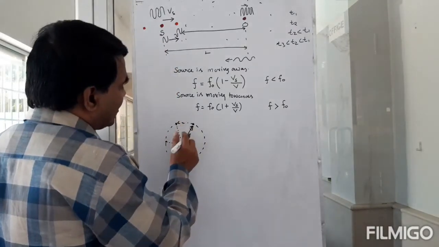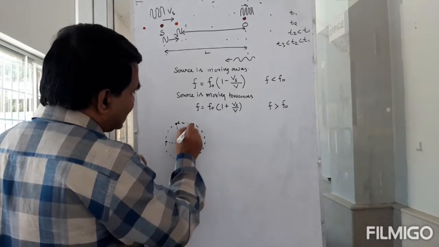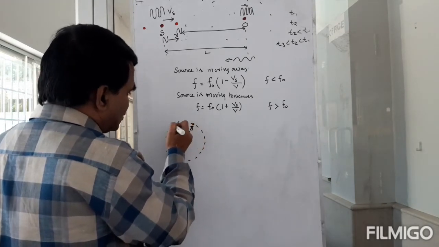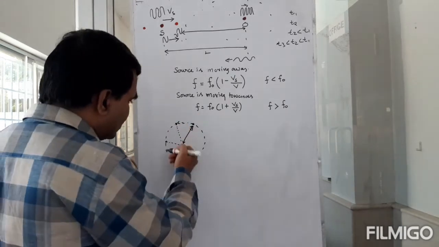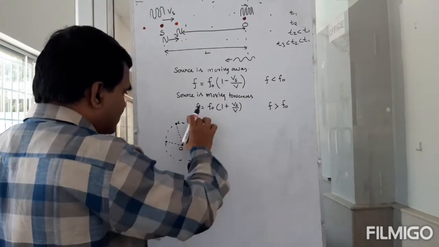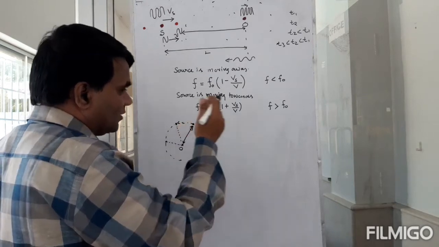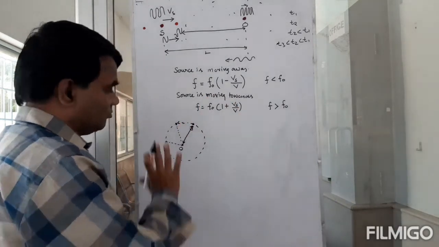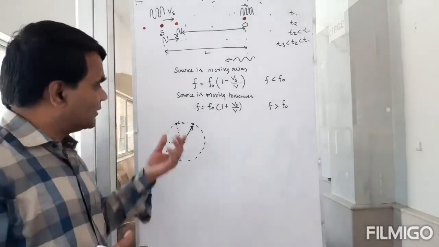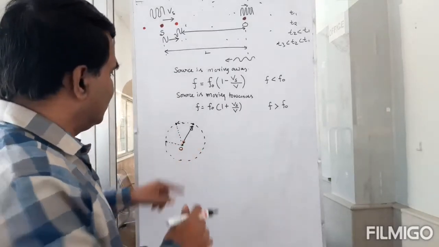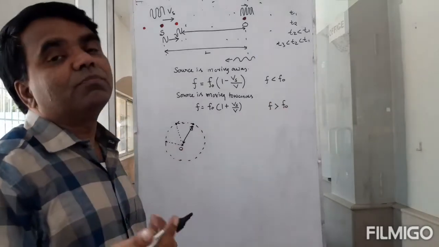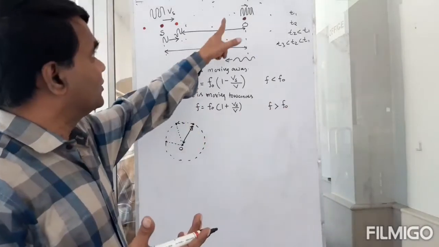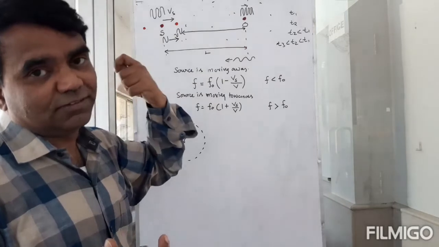So when will I have the Doppler effect? When this distance changes. If it is going in a circle, it doesn't matter. Even though it is in motion, it maintains a constant distance between itself and me, so the frequency will not change. But when the distance between the source and the observer changes, then I'm going to experience the Doppler effect.